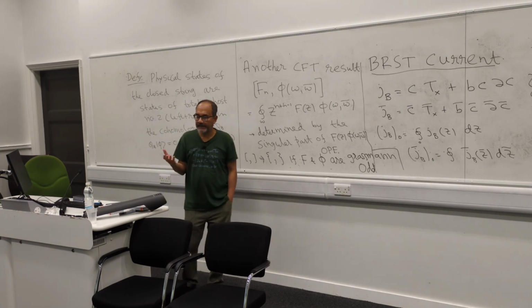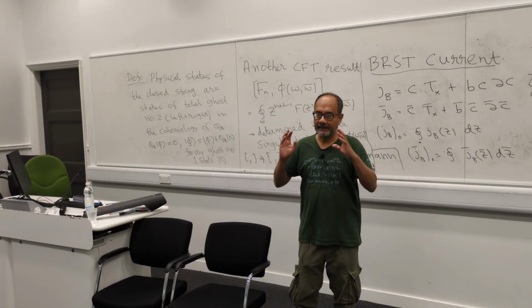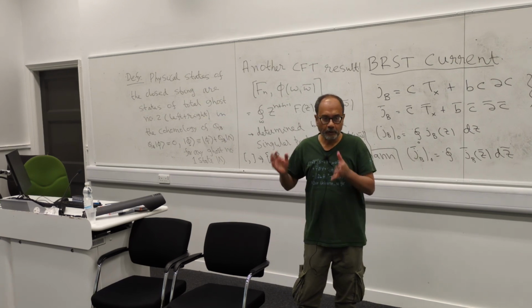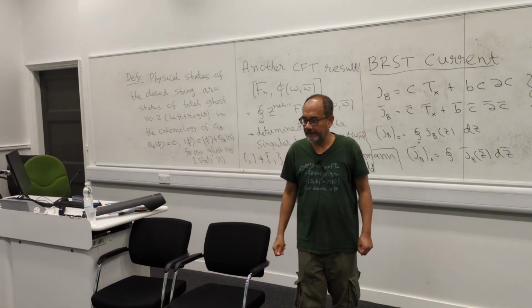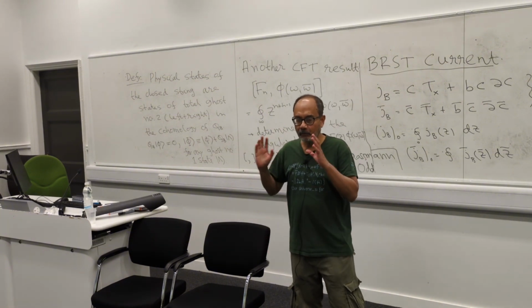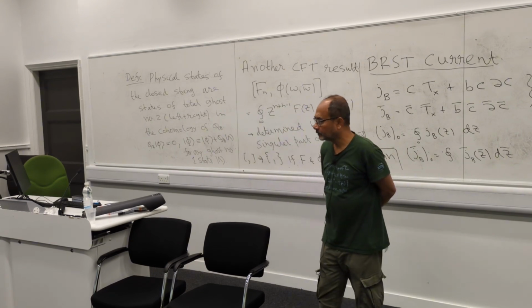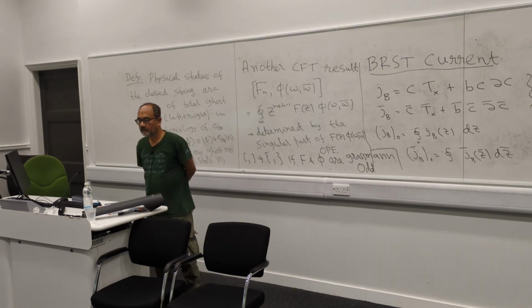So if there is a state of the form Q_B lambda, it is automatically BRST invariant because Q_B squared is 0, but we declare that as a 0 state, or sometimes it is called a null state. So you define an equivalence relation. Is this clear?